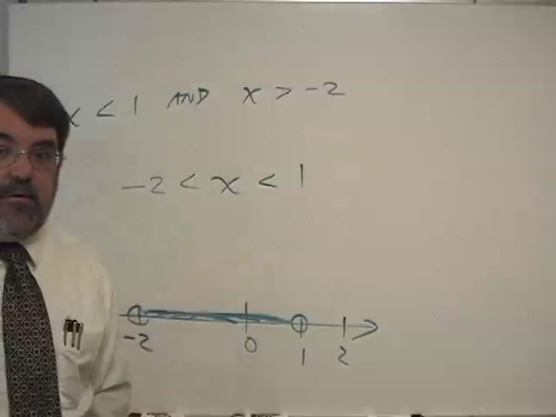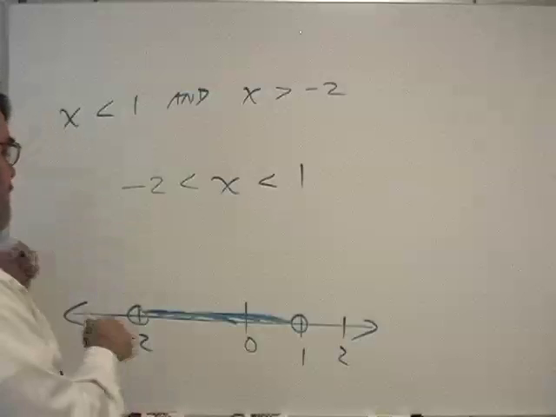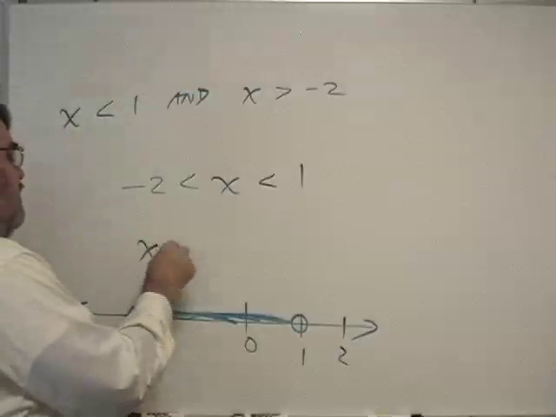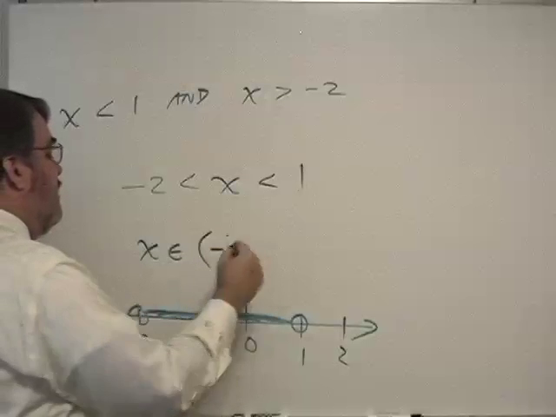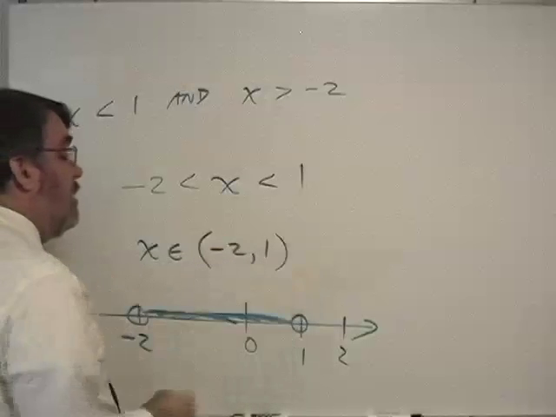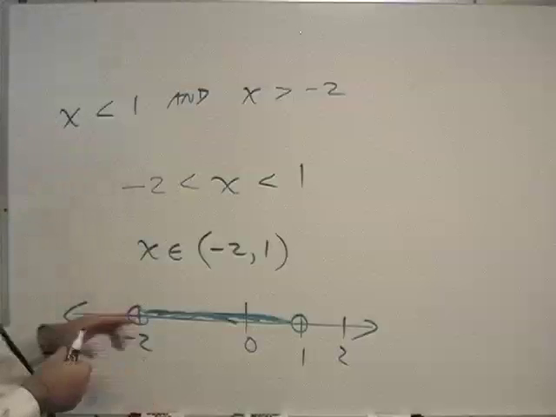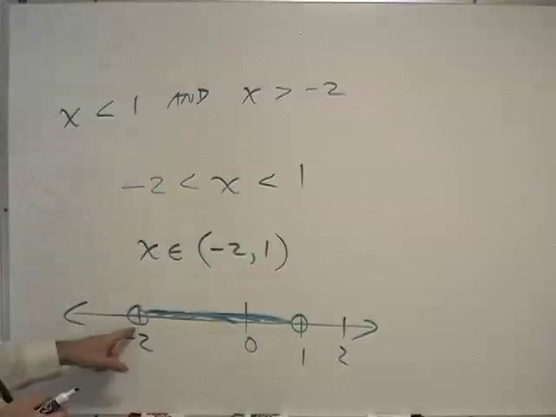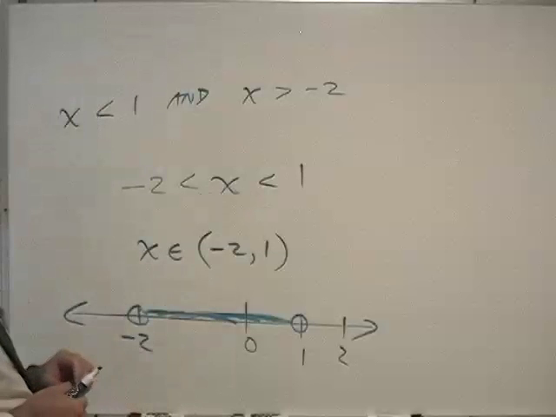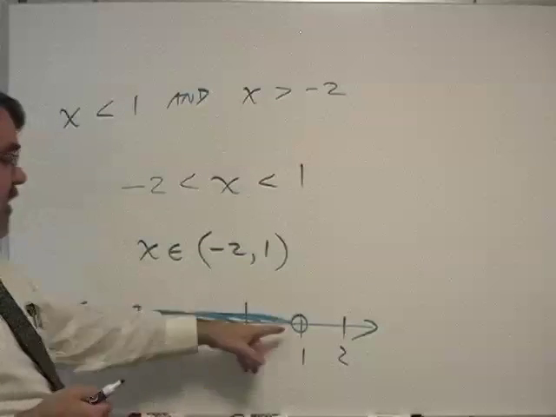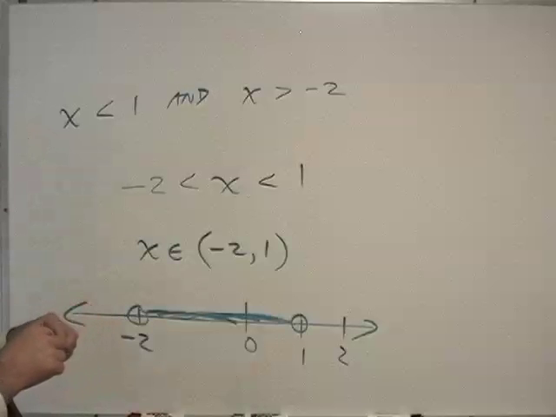As far as writing it with interval notation, we would say x belongs to the interval, left parenthesis, -2, comma, 1, close parenthesis. So I'm using parentheses because I don't have less than or equal to's there. And that's why I also have the open circles.